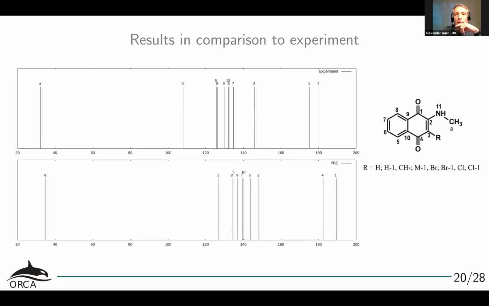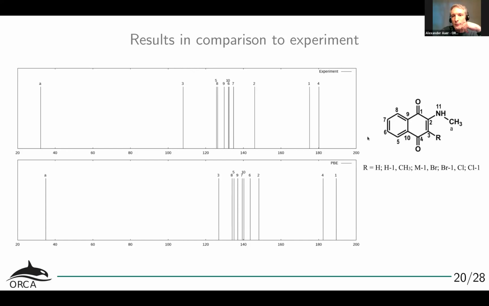Now let's look at the results. So these are the experimental chemical shifts, which I took from the paper of Patil. And here are the results obtained at the PBE level of theory. So we computed the absolute shieldings of TMS as a reference, and then we used this reference to shift these signals. And you can see that, for example, the methyl group comes out really nice at 20-30 ppm. The two carbons in this quinone residue, 1 and 4, come out here.